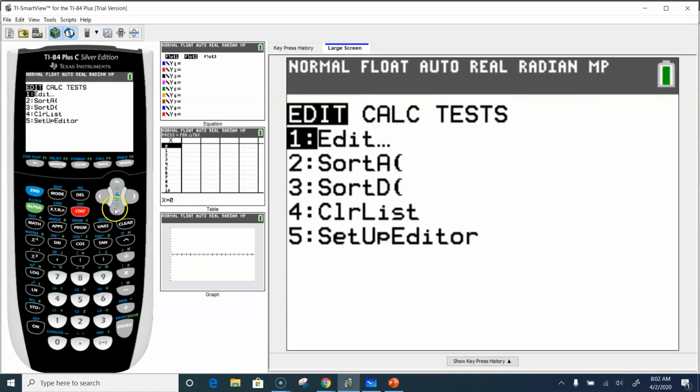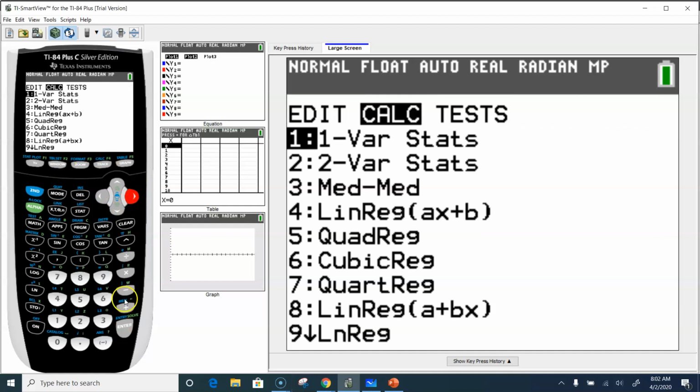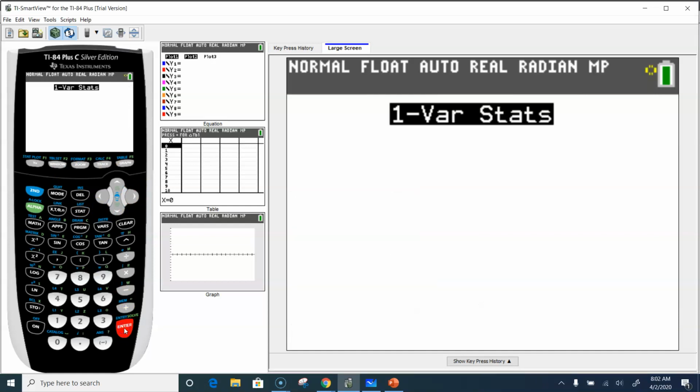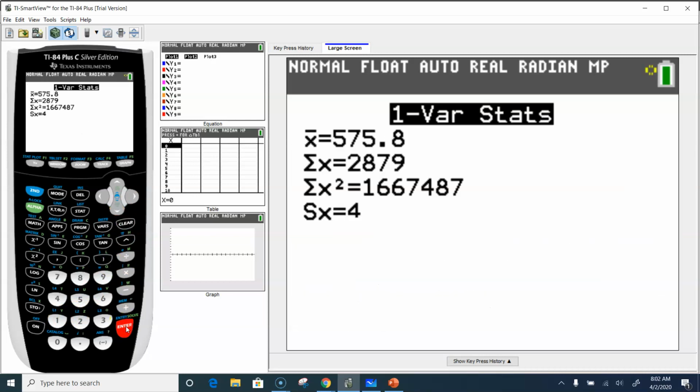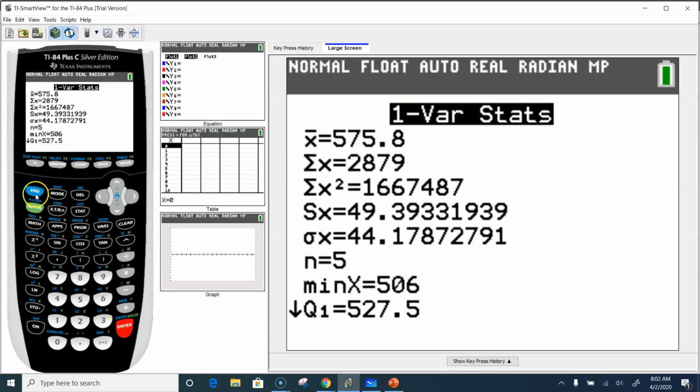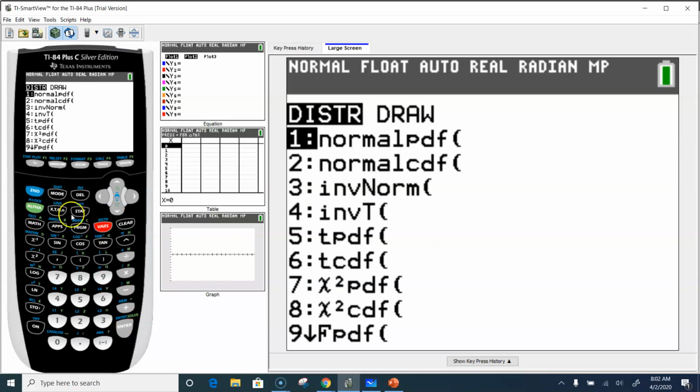I go to stat, calculate, one variable stats, and if you have a frequency list there, we don't want it there. Depending on your calculator, you can either leave that blank or put it as a 1. I'm going to leave it blank and see what happens.